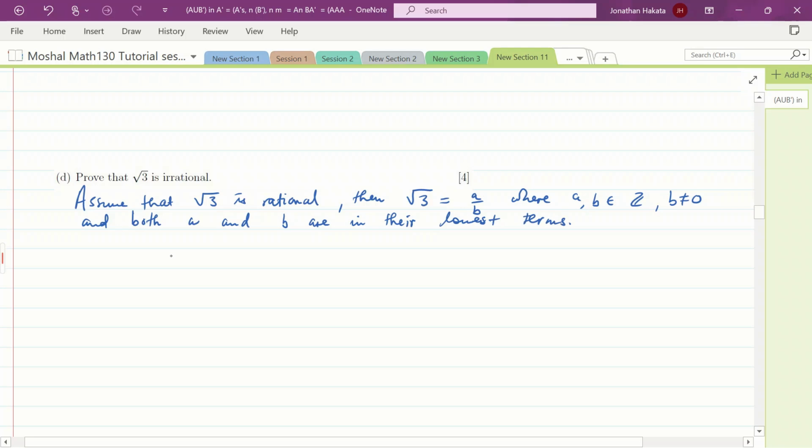Therefore we are saying root 3 can be written as a over b. We square both sides.